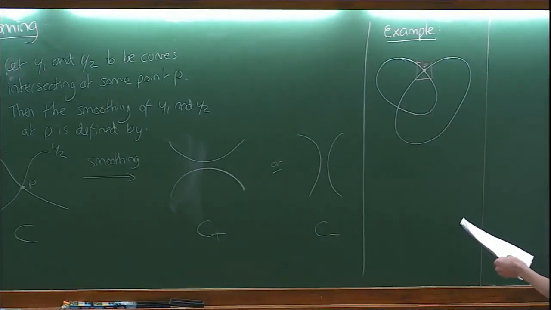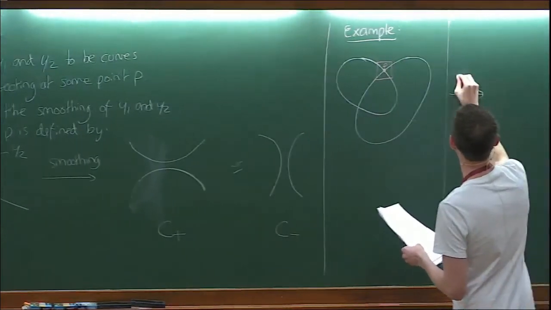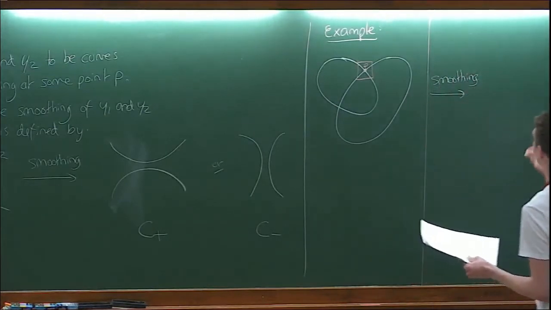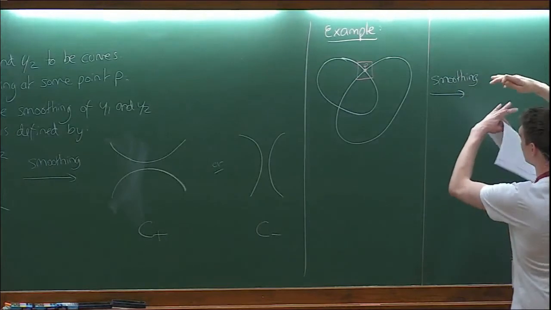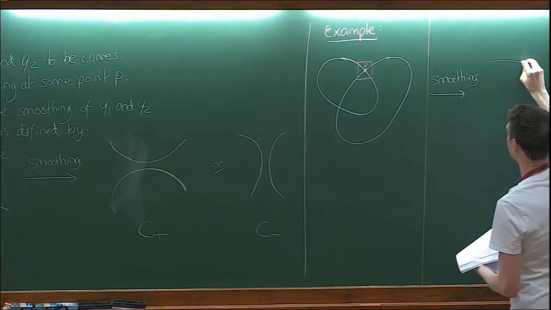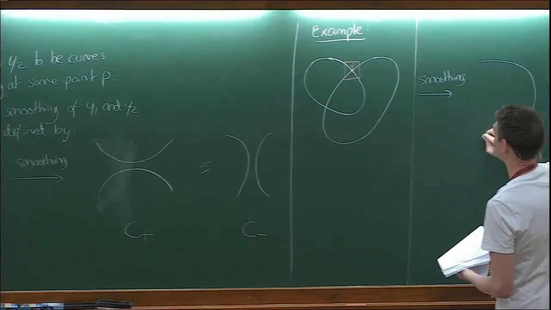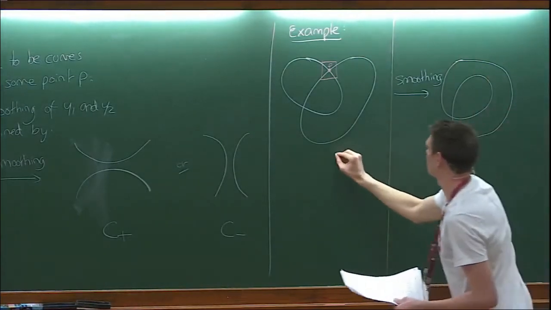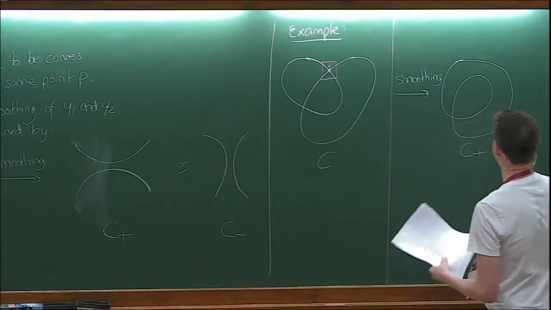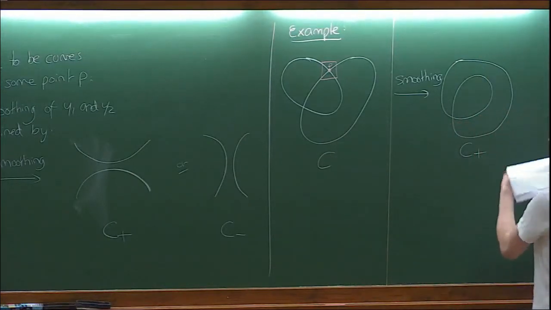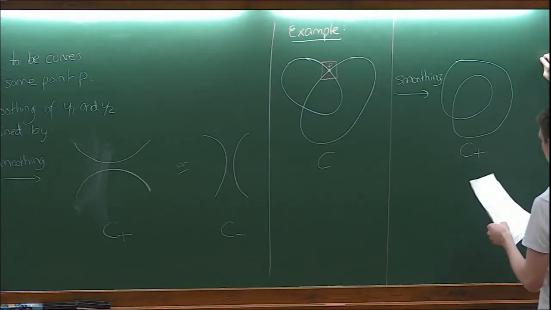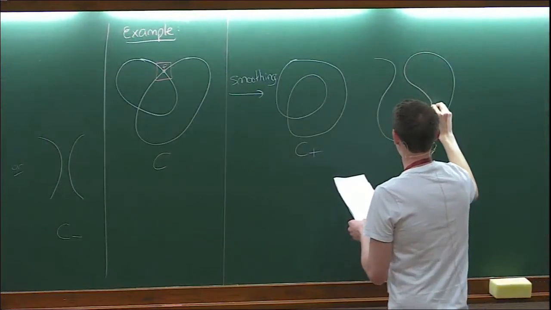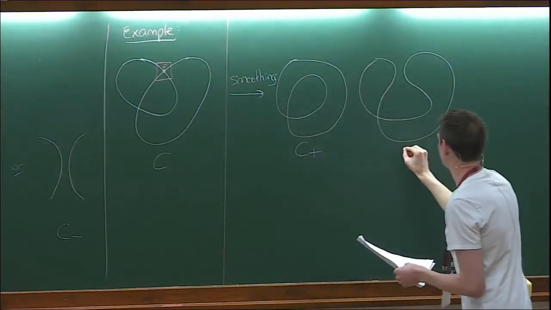And so what is smoothing in this case? Well, if we resolve it this way, we get this guy. So this is C plus. And if we resolve it the other way, we get this.